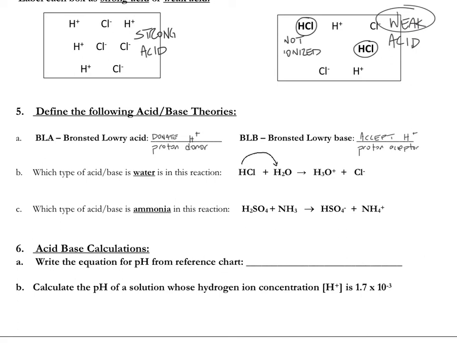So HCl donated a proton, and water accepted a proton. So those substances that accept protons are Bronsted-Lowry bases. So we're going to say that water is a Bronsted-Lowry base because it accepted a hydrogen.